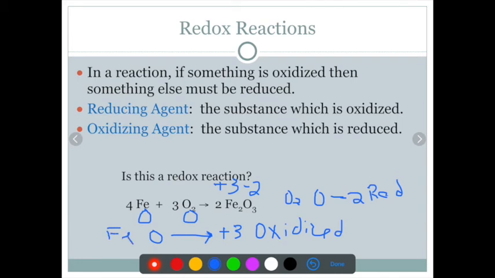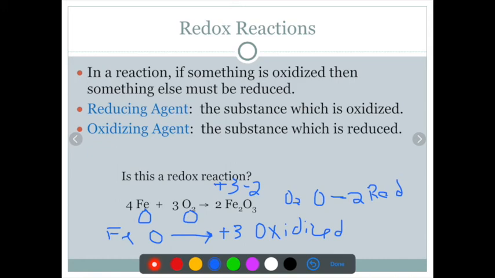Okay, oxygen was reduced. It's already somewhat complicated now. They got to throw in one more thing to complicate things. So we can say that iron was oxidized, oxygen was reduced, or I can say that iron is the reducing agent and oxygen is the oxidizing agent.